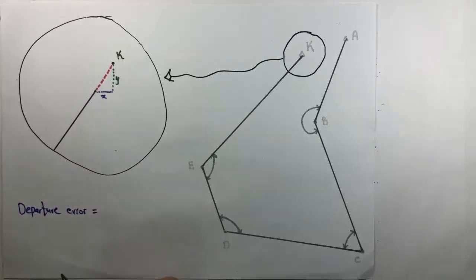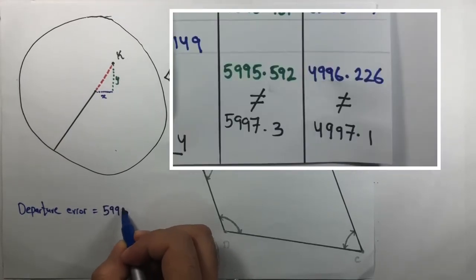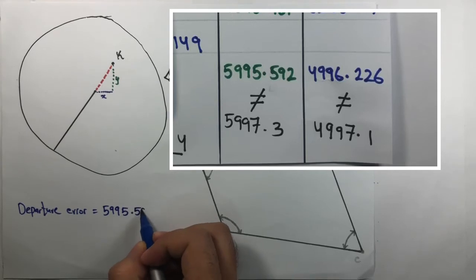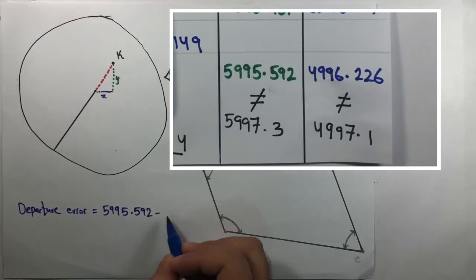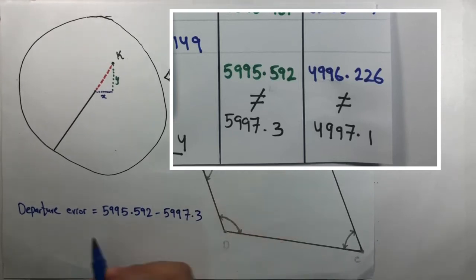Departure error is equal to 599.5.592 minus 599.7.3.